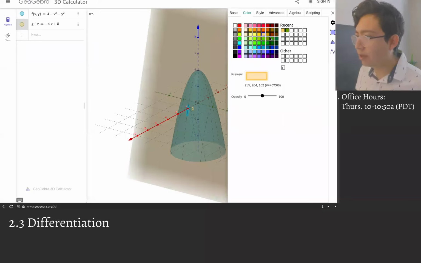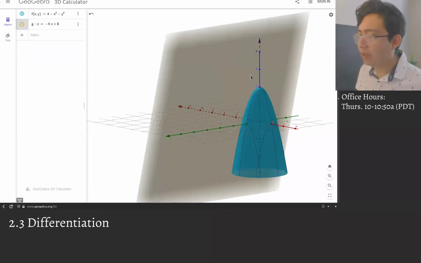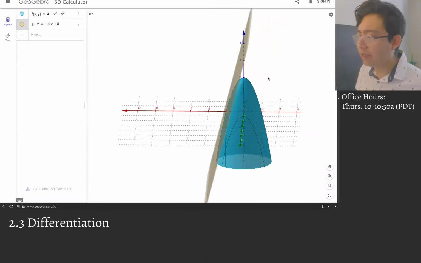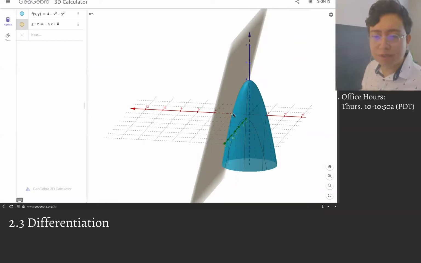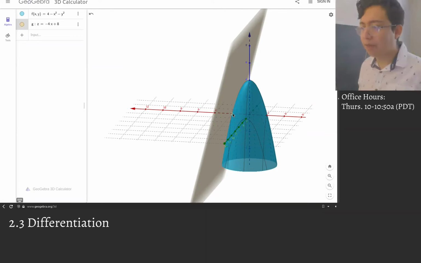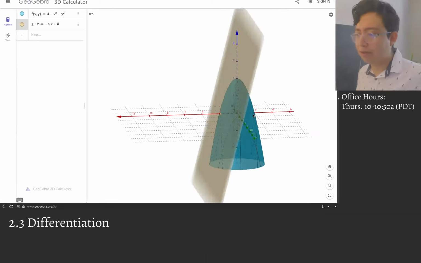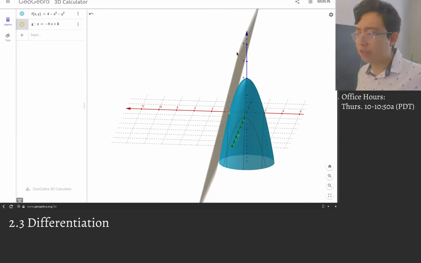And what we can see if we rotate around is that right at this point here, which you can see is 2, 0, 0, this plane is just sitting tangent to this shape here. So all that computation showed us that this tangent plane is tangent to this shape at that point, 2, 0, 0.